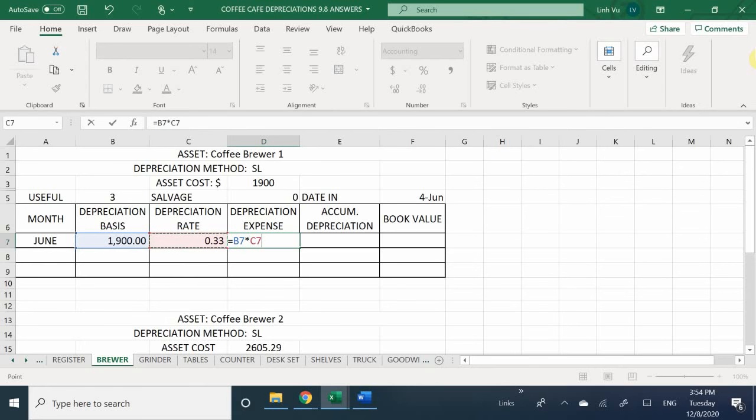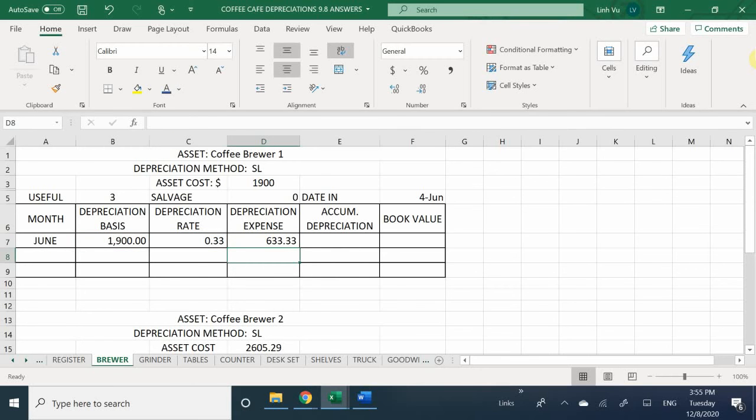Okay. Equals this times this. Oh, I didn't put the rounding thing in. Hang on one second. Okay, so I'll do that with you as well. So equals ROUND, this times this, comma, 2, enter, gives us $633.33.